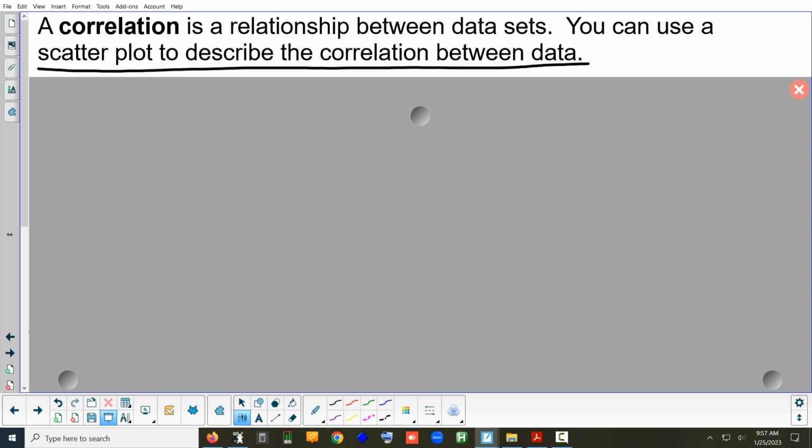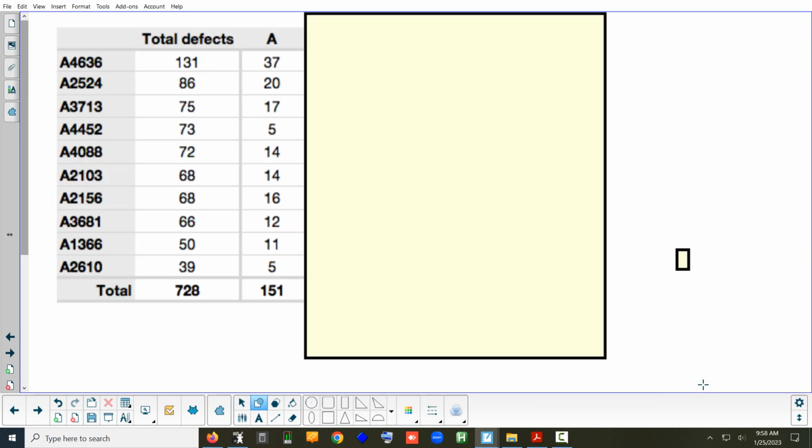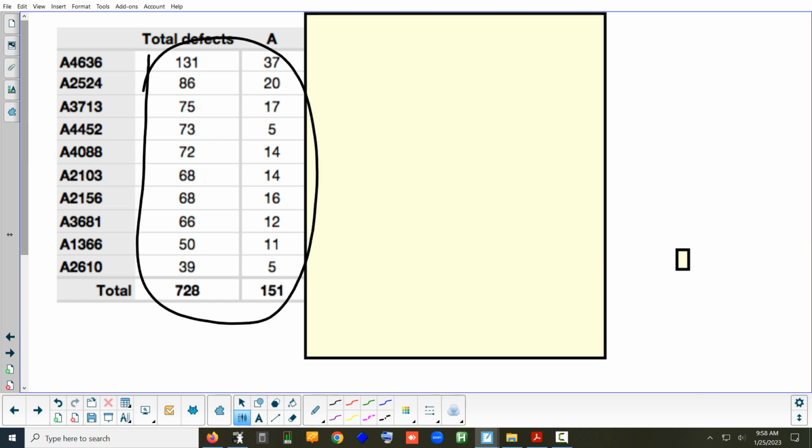Imagine I just gave you a table of data and said, look at all these numbers and tell me if there's a correlation. So let's say I asked you to look at this table of data and tell me if there's some type of correlation between the total defects, maybe this is like a machine, and column A. Why is it hard to figure out if there's a correlation just looking at all those numbers in a table?